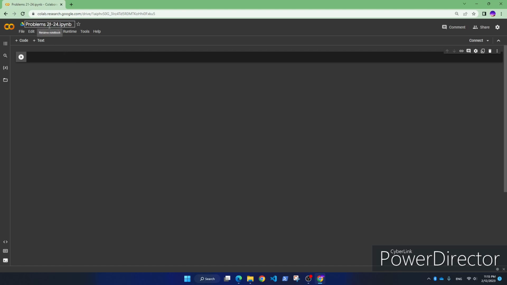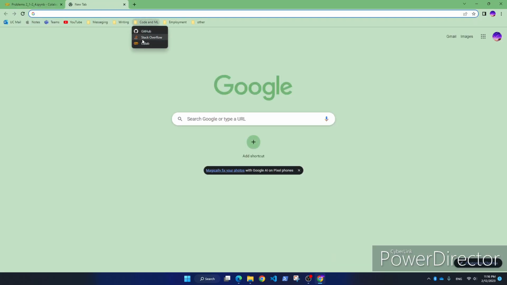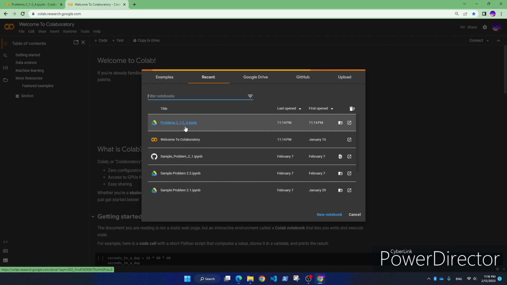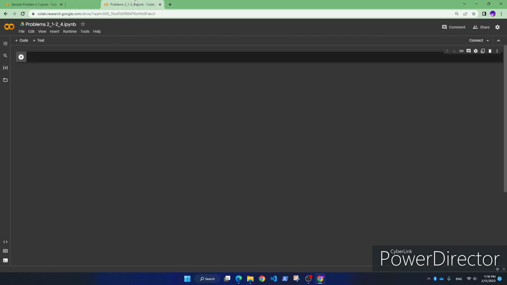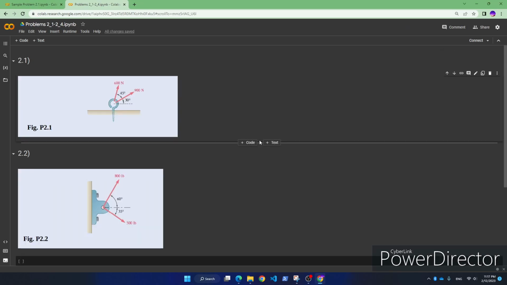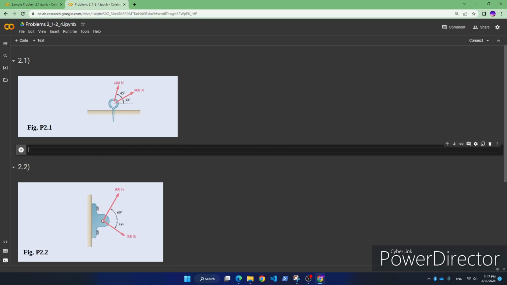So let's pay attention that it's 2.1 through 2.4. Okay, so we do want to check our previous notebooks because it's basically just applying whatever we did previously. So this time we have... Okay, so basically very simple questions.